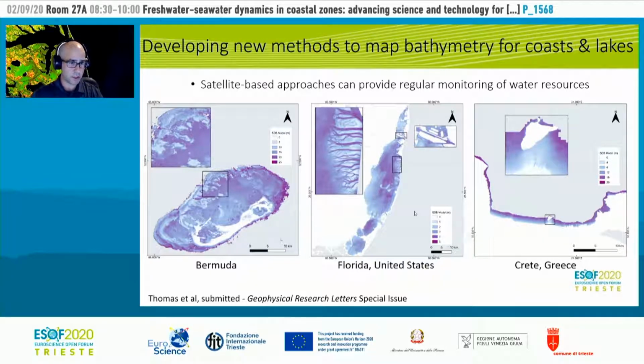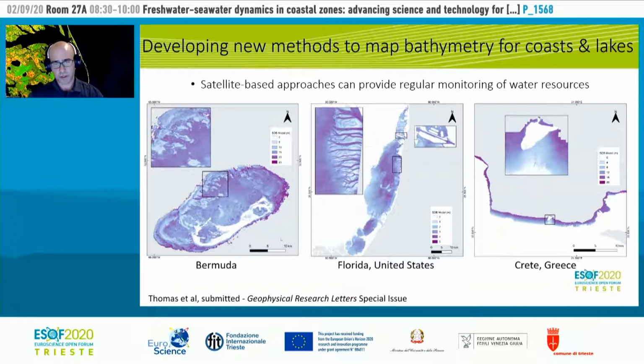Being able to measure the reef complex here in Bermuda, the tidal channels here in Florida, as well as the shallow slope of Crete, we're able to do this on a regular basis now.